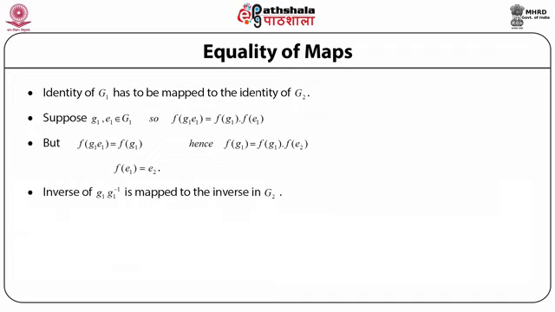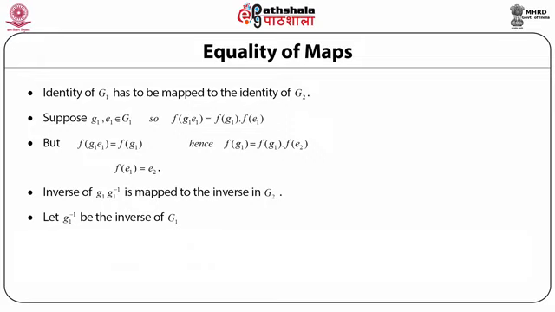Likewise, the inverse of g1, g1 prime, is mapped to the inverse in G2. Let g1 prime be the inverse of g1. Then the map f of g1 g1 prime is equal to the map of g1 into the map of g1 prime, which is equal to the map of e1, which is e2.